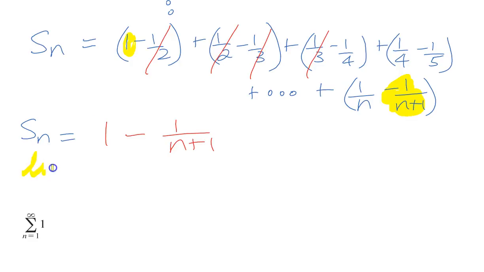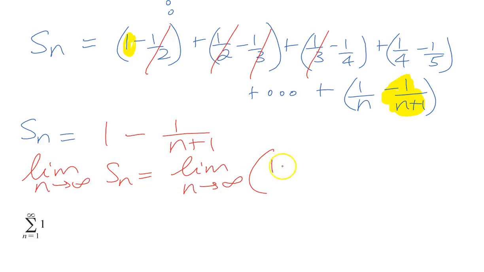We want to find the limit as n goes to infinity of Sn, right? How do you find that limit? That will be the limit as n goes to infinity of 1 minus 1 over n plus 1. The limit of 1 is 1, the limit of the second term is 0.